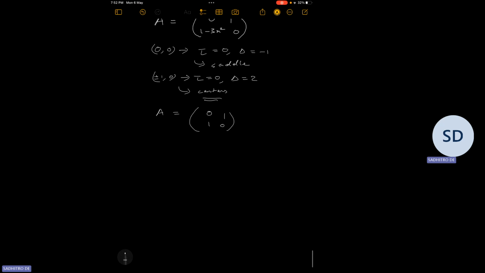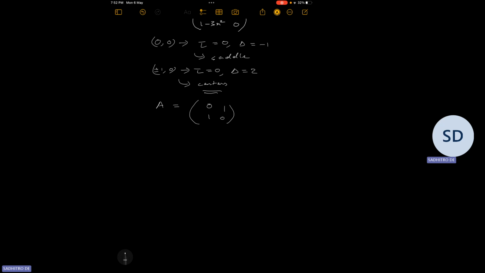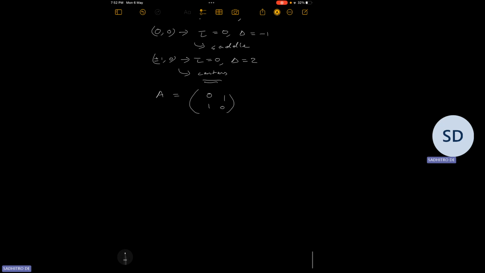So the eigenvalues are given by lambda squared minus 1 equal to 0, so lambda is plus minus 1.